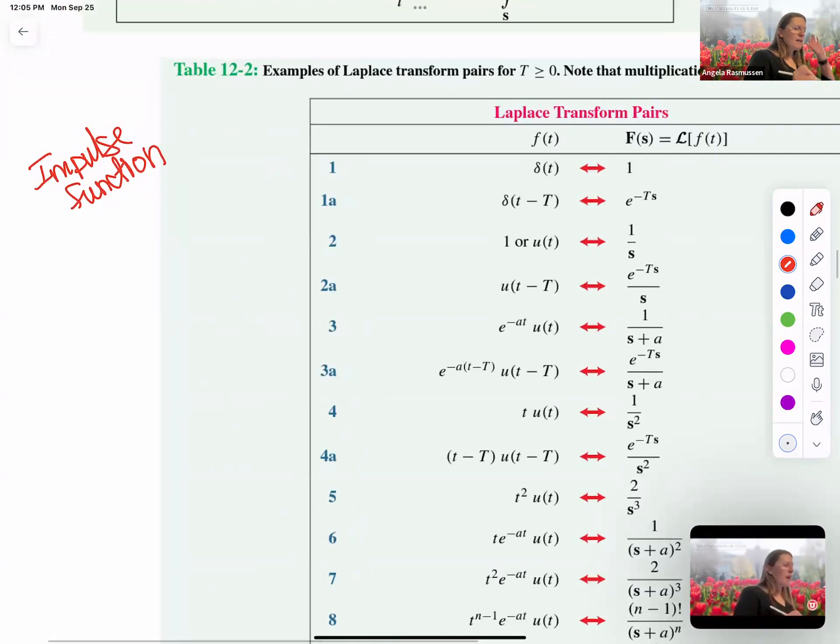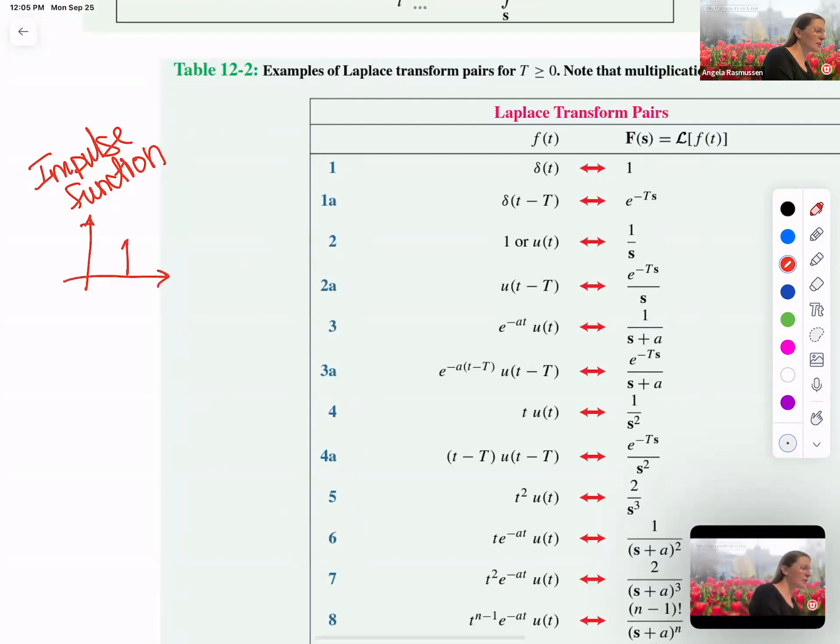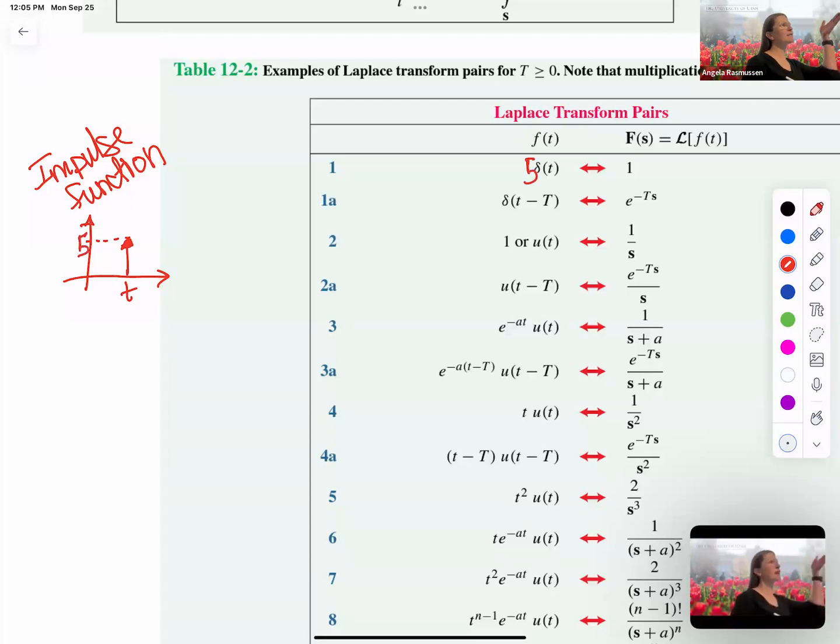So if I have, this was always confusing to me too. All it means is that I have at a specific time, t, if there's a 1 out in front of it, this will be a 1. If there's a 5, then this is a value of 5. And it's just right at that specific time, that value is there.